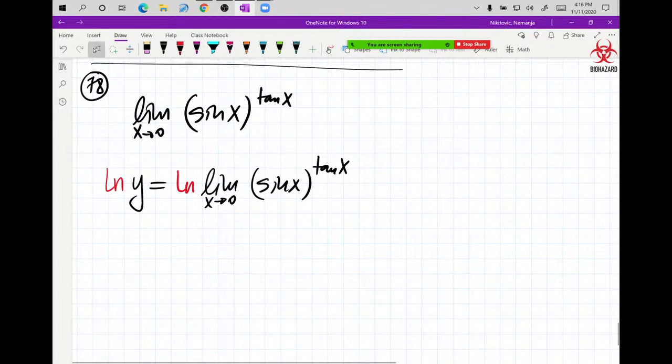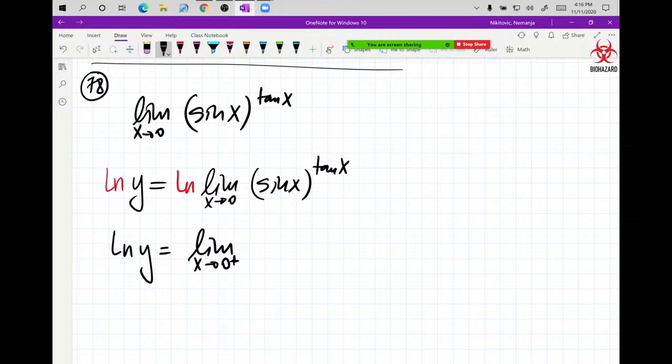The next step is the same as before. Put the limit in front. This is 0 plus because of the tangent you are approaching from the right. If you approach tangent from the left, you get negative infinity, but whatever. Interchange these, and then peel off that power.